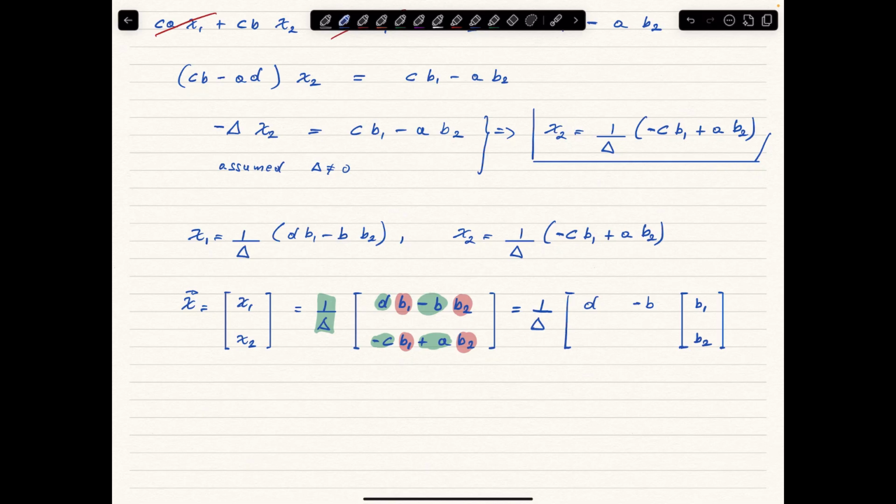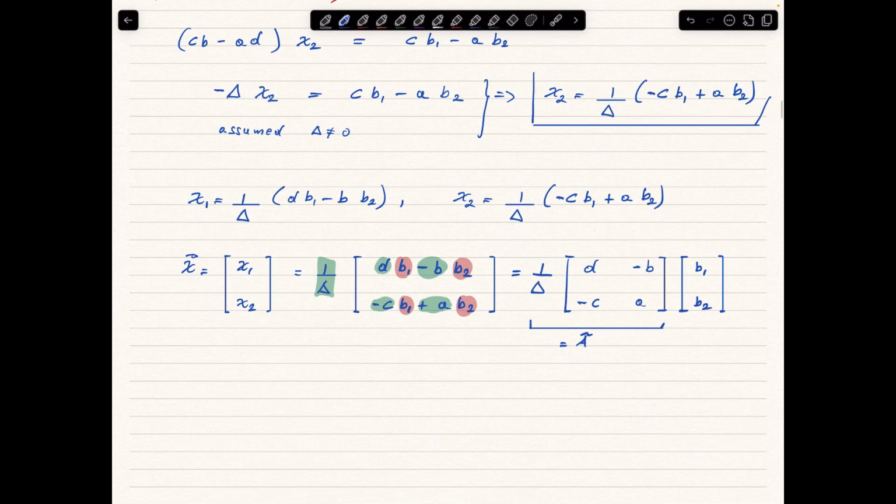So negative c, positive a, that is the matrix here. So we have found a matrix here. Let's call it matrix A tilde, and then our solution X can be written as this matrix A tilde acting on the vector B.